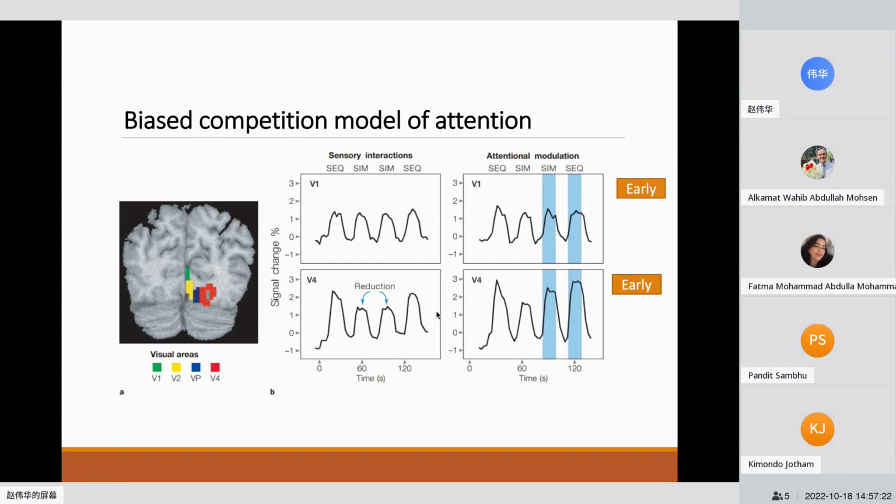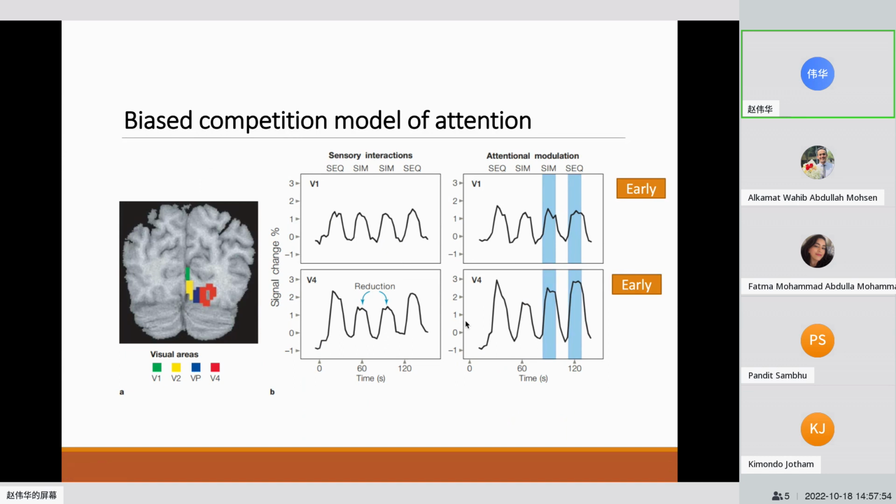We can see in V4, the amplitudes during the SEQ and SIM conditions were more similar when attention was directed to the target stimulus, in the blue bars, than when it was not. So these two conditions are very similar, but not this.